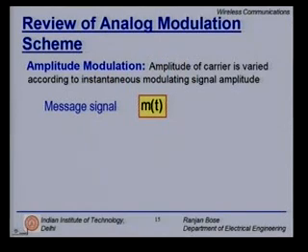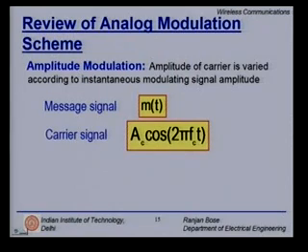So, if your message signal is m(t) and you have your carrier signal which is A_c cos 2 pi f_c t, here A_c represents the amplitude of the carrier. So, subscript c is for the carrier, f_c is the carrier frequency.